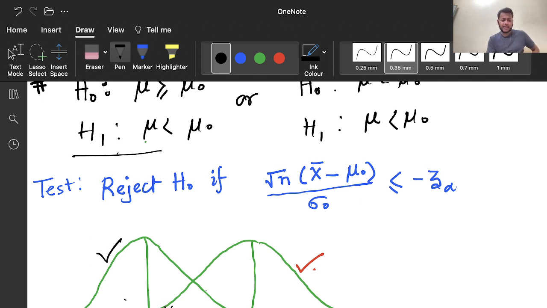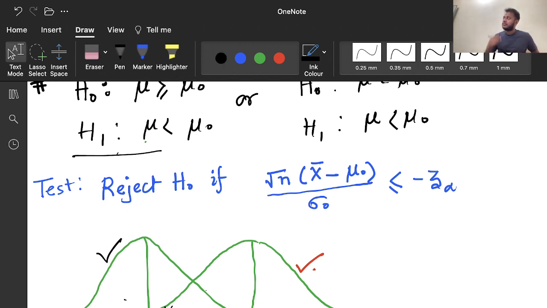Now we will reject the null hypothesis when this data point is in the region of, suppose we want significance level alpha, then we will not explain this data by the null hypothesis when this data is in the region of less than alpha probability.